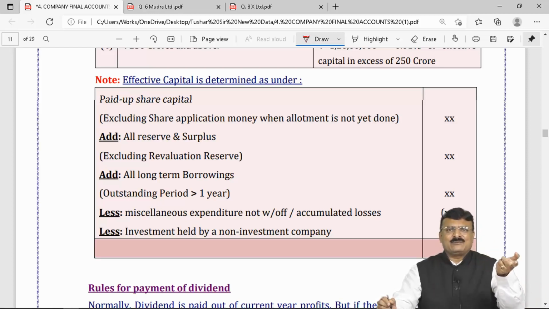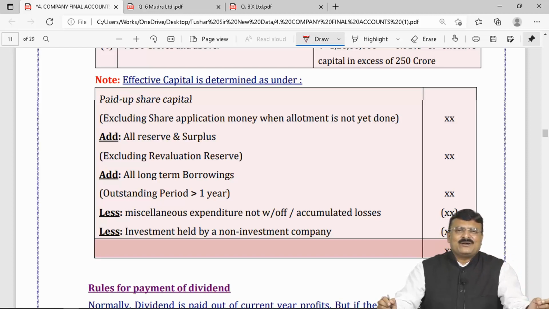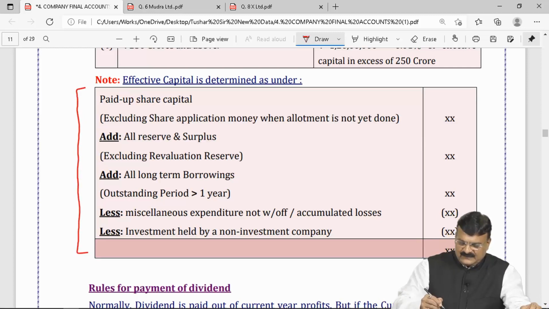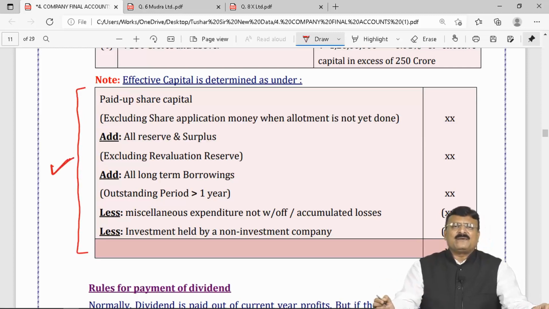If it has done investment, like Maruti Suzuki Limited, if they have done investment, it is called investment done by a non-investment company. You have to remember this very, very thoroughly, as to how you find the amount of effective capital, because on the basis of effective capital, we'll be able to decide how much will be the maximum managerial remuneration.